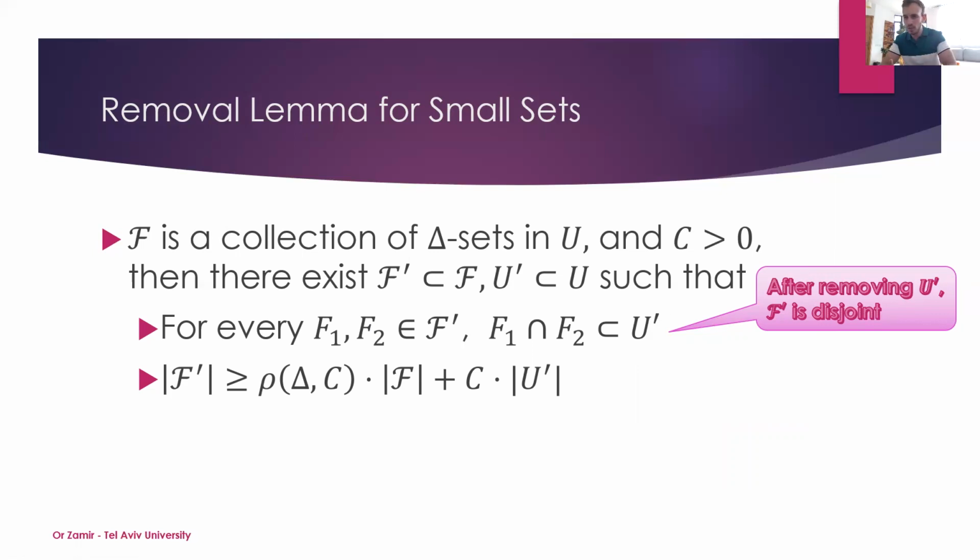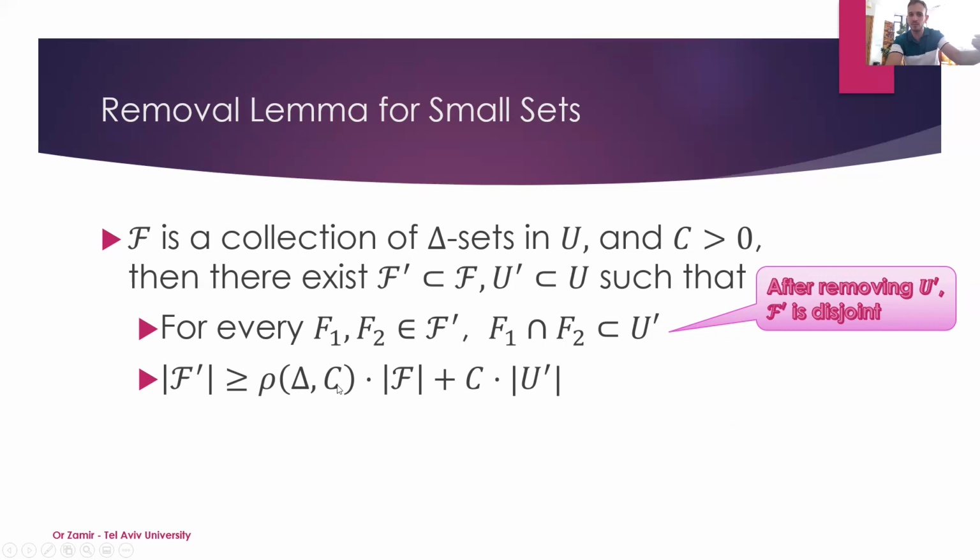And the second condition is trying to say that F prime is very large, this is still a very large collection, but U prime is very small. So what is the exact statement? The exact statement is that the size of F prime is at least some function rho of delta and C. So if both of them are constant, this function will give you a constant as well.